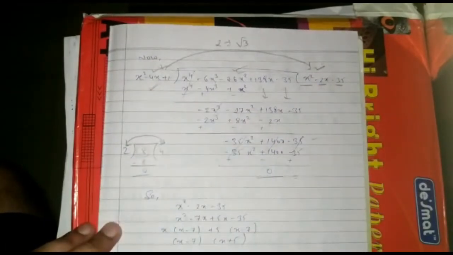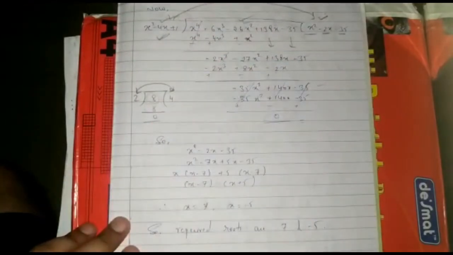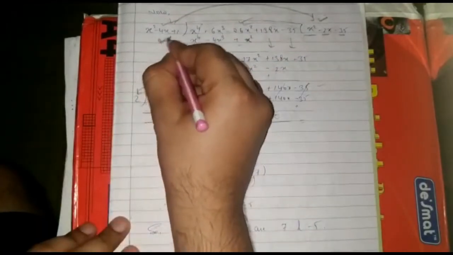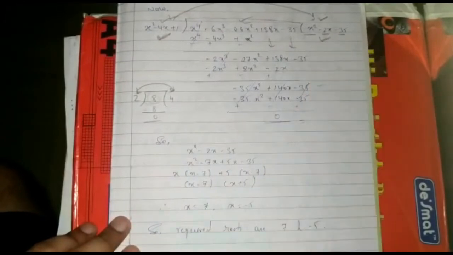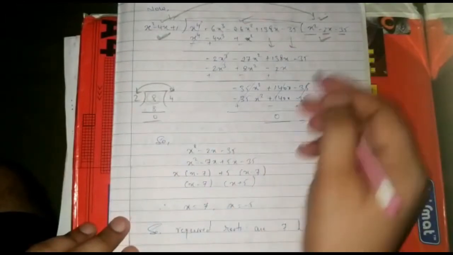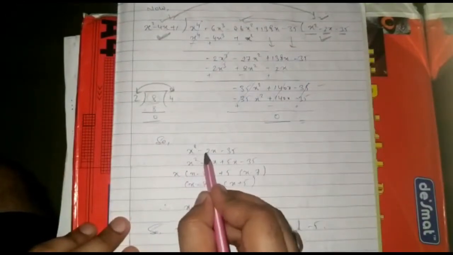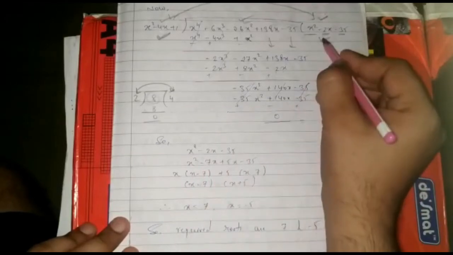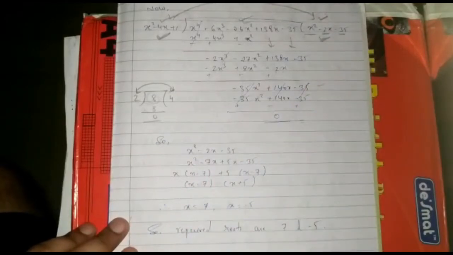That means this is also a factor of this polynomial. From this equation, two factors are already given, and we have to find two factors from this equation.